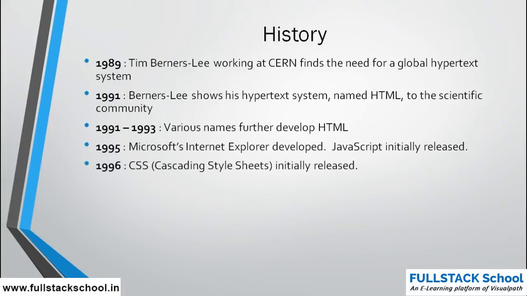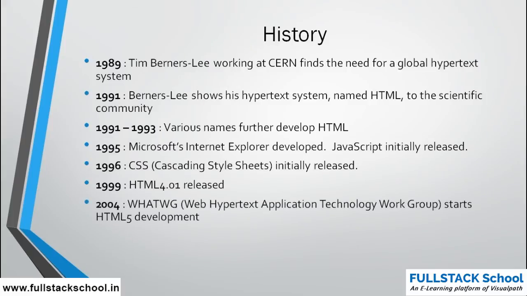In 1996, CSS, which we call Cascading Style Sheets, was initially released. Then in 1999, HTML 4.01 was released. In 2004, WHATWG, which stands for Web Hypertext Application Technology Working Group, started HTML5 development.